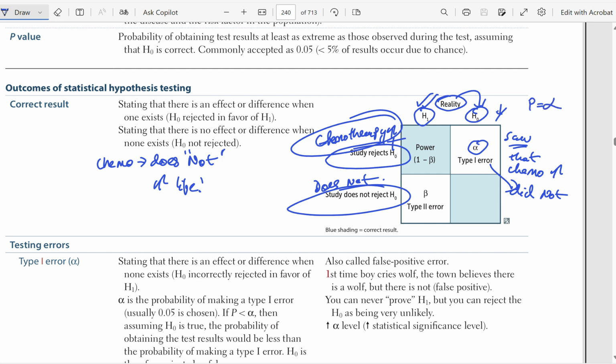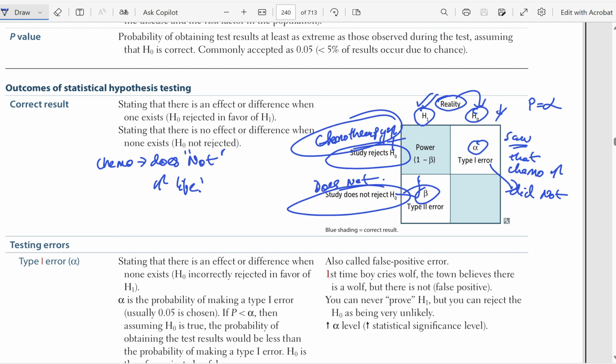Okay, and supposing chemotherapy did increase life, but in our study we saw that chemotherapy does not increase life, so we were blinded to it. So that's the beta error. We were blind to identifying the effect in our own study.